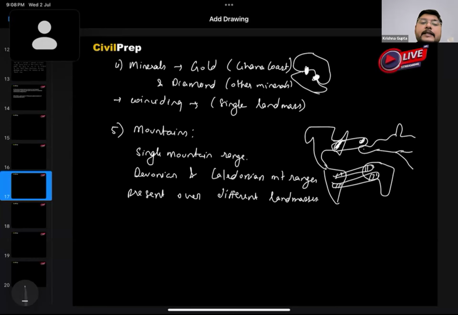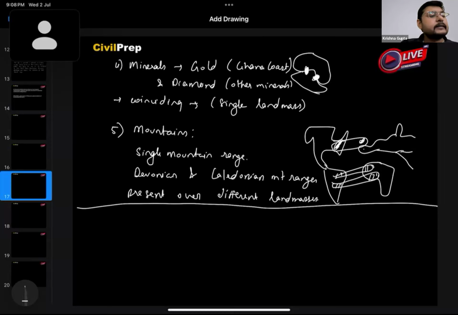So this also signifies that there was a presence of different mountain ranges over a single landmass. So these are certain evidences which are provided by Alfred Wegener.